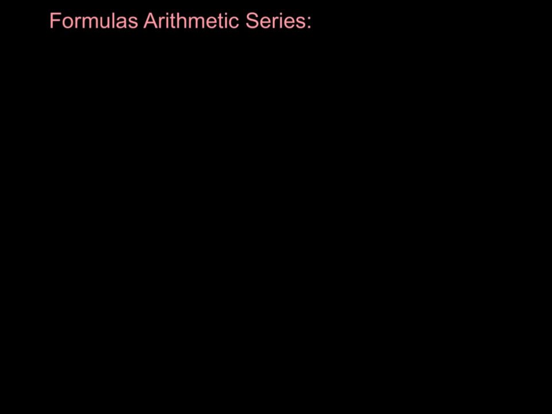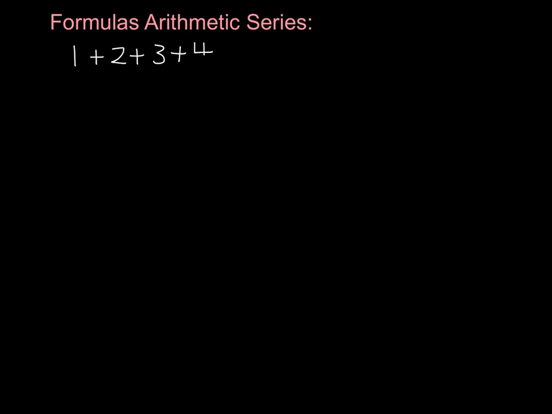in the same sequence. So for example, if we want to add 1 plus 2 plus 3 plus 4, we will arrange the same down and add them, but opposite. So it will be 4, 3, 2, and 1. And now we add them.